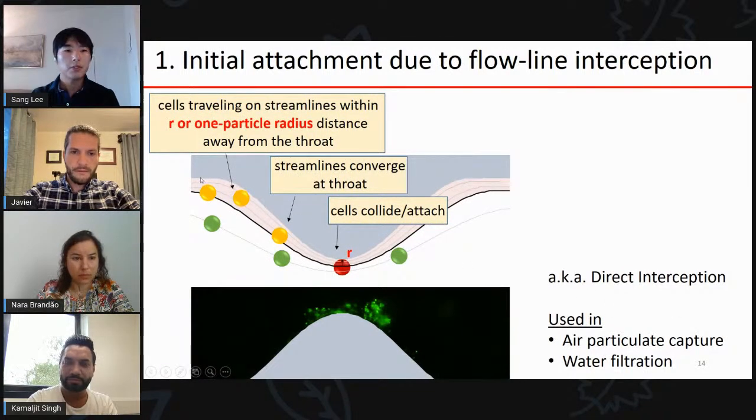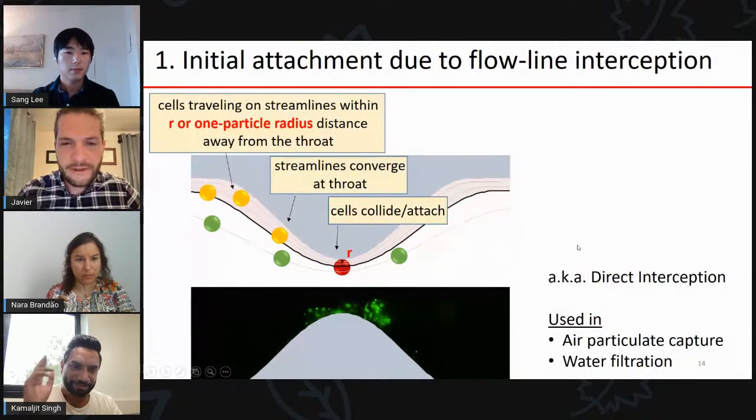What happens in this scenario is that when a fluid containing particles is introduced into a constriction where the streamlines are densified, the streamlines near the surface become dense, and the particles that were traveling on those streamlines become concentrated or move closer to the surface, which increases the chance of collision onto the surface.